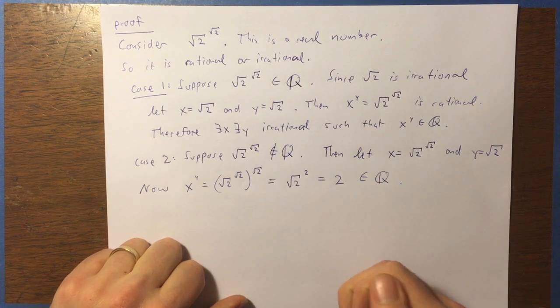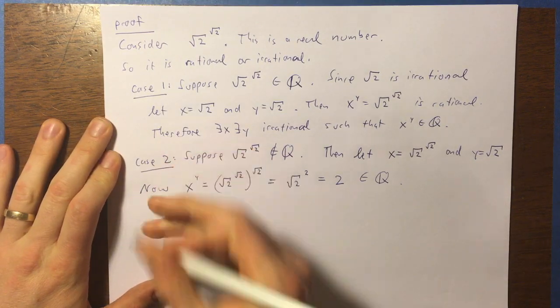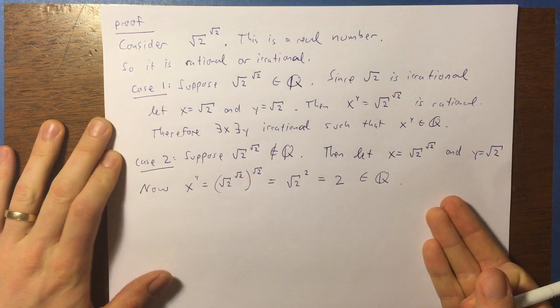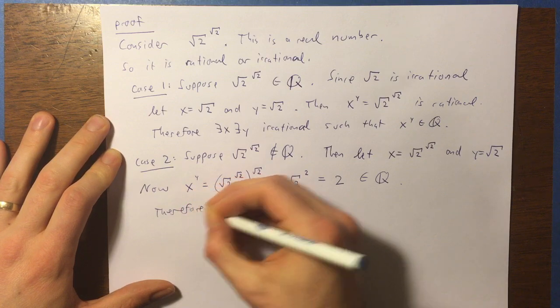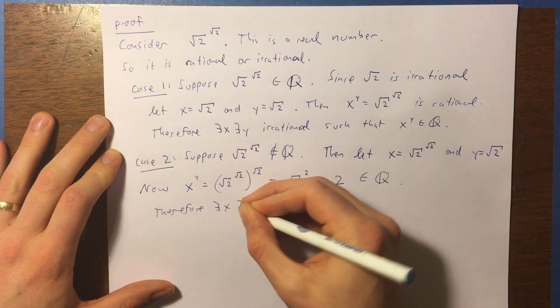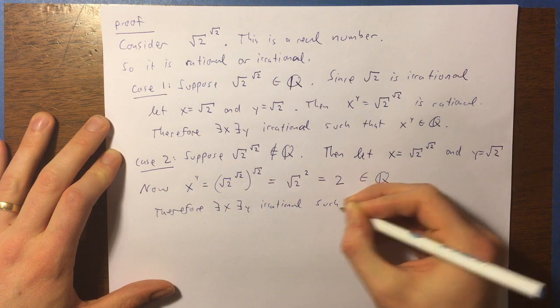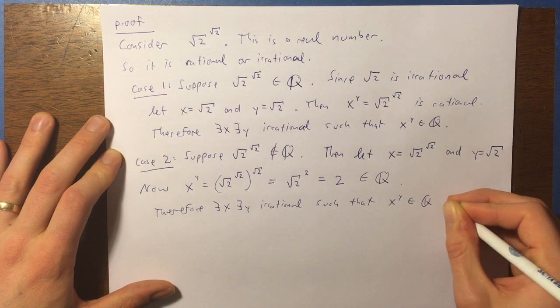So it works. Again, I have exhibited a pair of numbers which satisfy the claim. So therefore, in this situation, there exist x and y, irrational numbers, such that x to the y is rational.